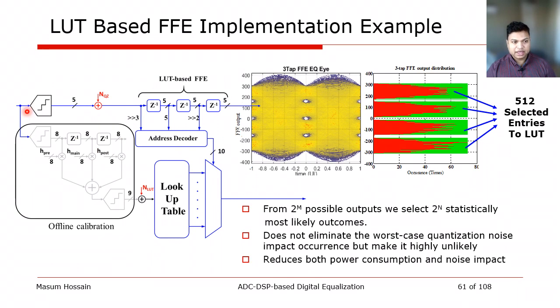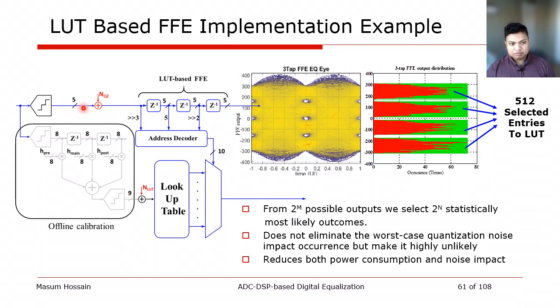Think that we have some sort of an offline calibration cycle such that we can generate the FFE outputs with a higher resolution, and then we store them in a lookup table.